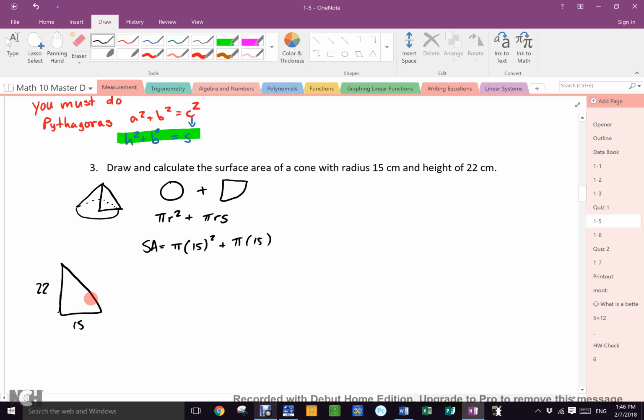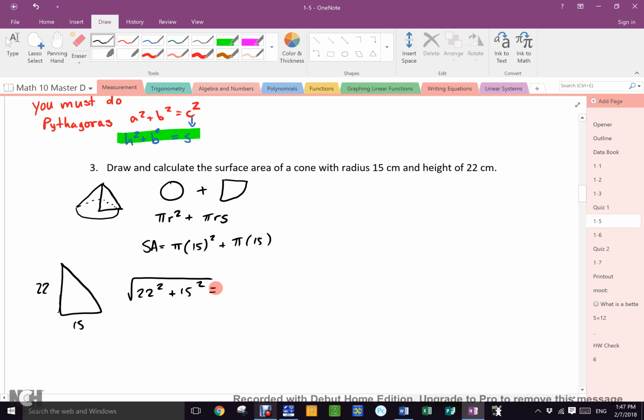I do 22 squared plus 15 squared. And then what do I have to do to that whole answer? I've got to square root it. So many kids forget the square root. They tell me that if I walk 15 steps that way and 22 steps that way, I'm 600 steps away from where I started. Because they forget to square root.